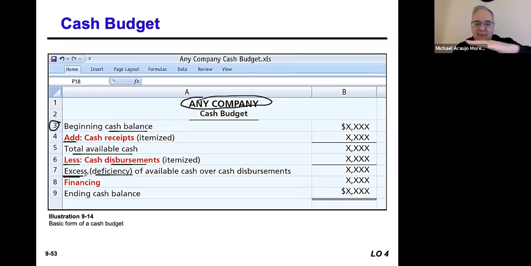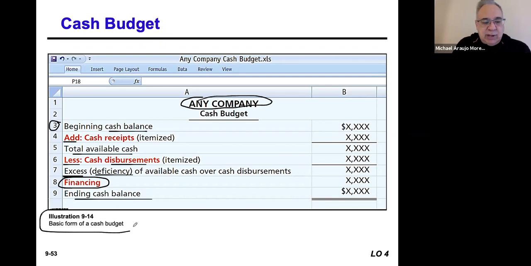So they tend to want to have a minimum amount of money in their bank account. So even though it might look like they have money, it might not be enough. So they might need to borrow. So the financing piece is going to be an interesting one to watch here. And that gives you your ending balance at the end of a quarter, or of course, this is done every quarter and for the year. So this illustration here on what a cash budget looks like is an important one.